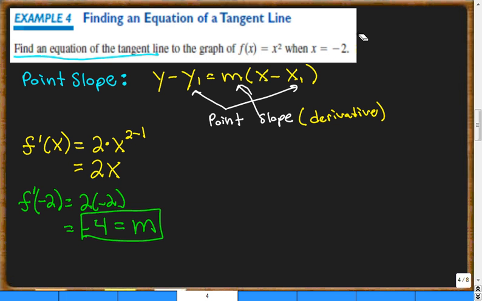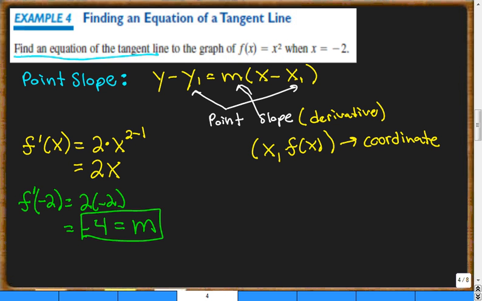They tell us that x is negative 2. So how can I use the negative 2 to find out what my y1 would be? Well, if you remember from earlier, any point is just going to be x, f of x on a graph. Okay, these are coordinates. So what I need to do is plug my negative 2 into f of x to get out what it would be.